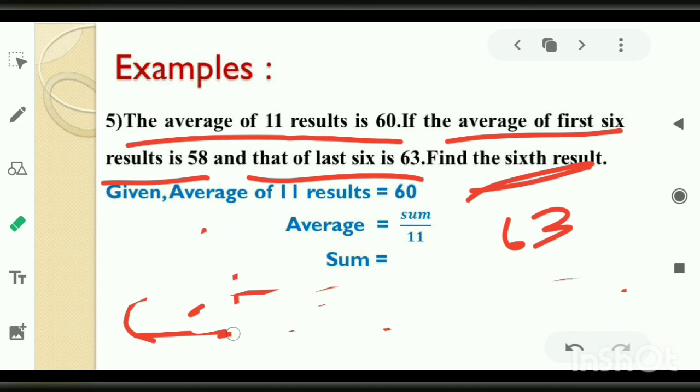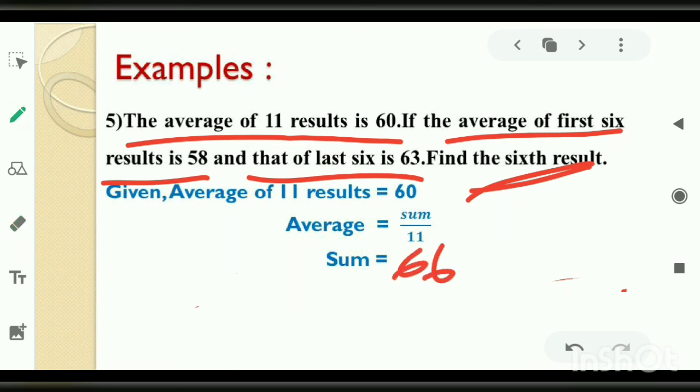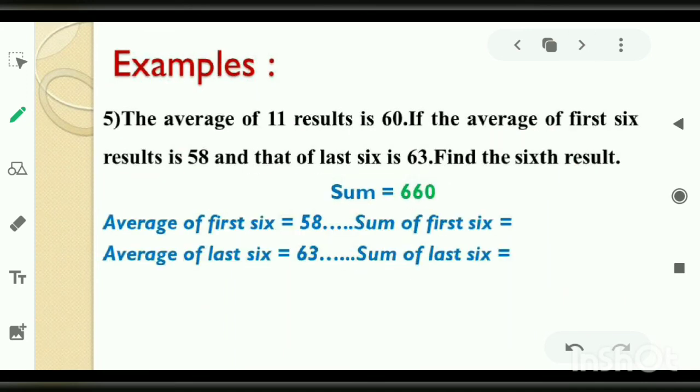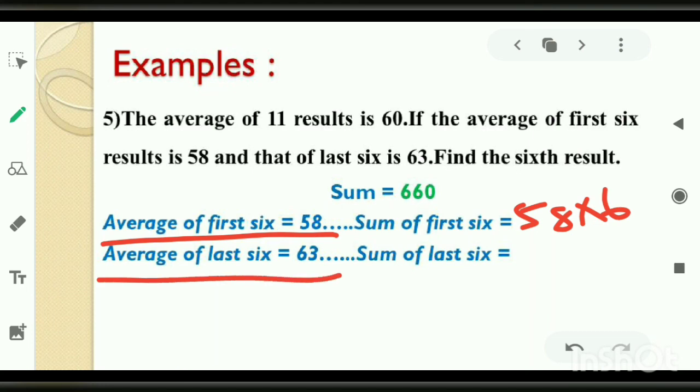We can substitute the known values to find the sum of all 11 results, which is nothing but 660, right? They have also provided the average of the first 6 as 58, with which we can find the sum of the first 6, which is 58 into 6. In the same way, the average of the last 6 is given as 63, from which the sum of the last 6 is 63 into 6.